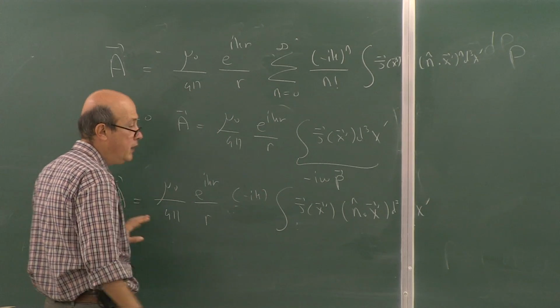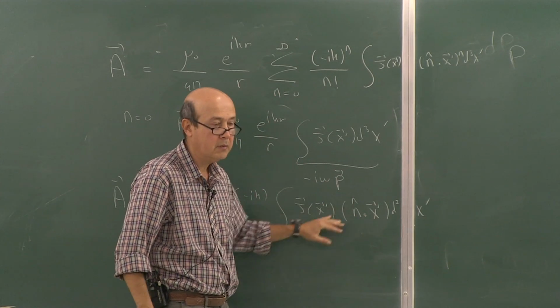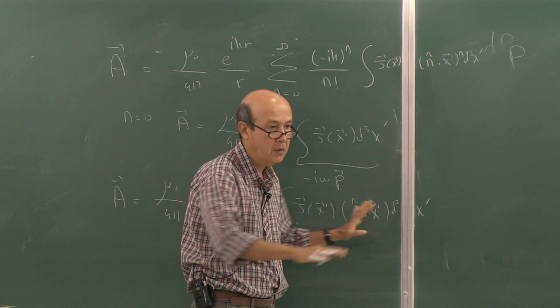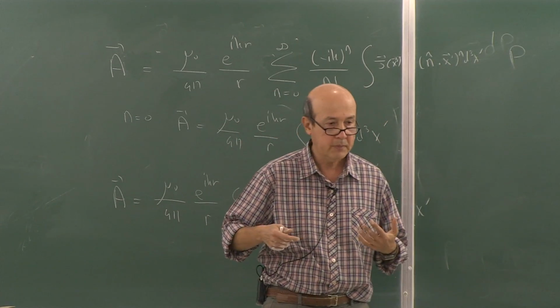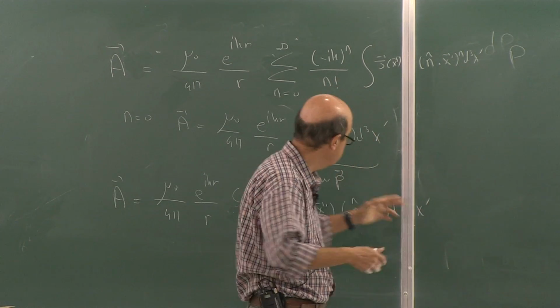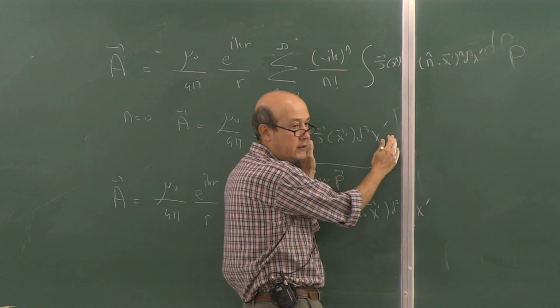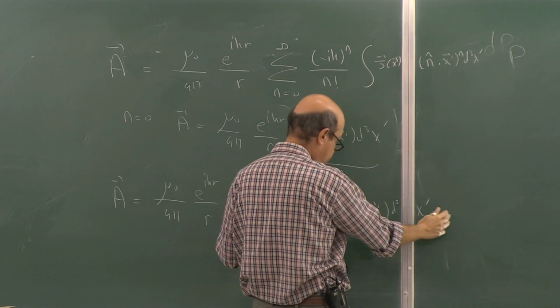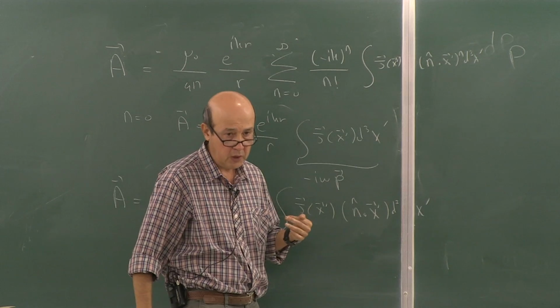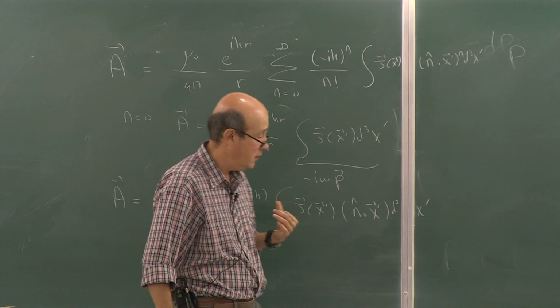I will start here and play with this term, and at the end, not today, you will see that this term could be a mixture of the magnetic dipole moment and the electric quadrupole moments. The previous term was related with the electric dipole moment, but this integral will be related with the magnetic dipole moment and electric quadrupole moment. That will be the first order.